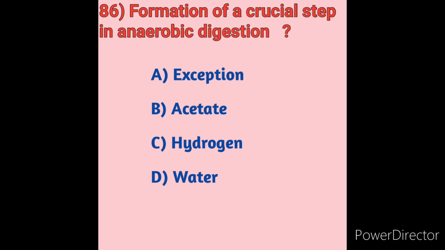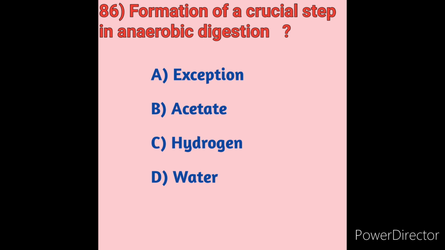In this process, acetate is important for methanogenesis. So here the formation of the crucial step of anaerobic digestion is acetate. Acetogenesis refers to the synthesis of acetate, which includes the formation of acetate by the reduction of carbon dioxide and the formation of acetate from organic acids.